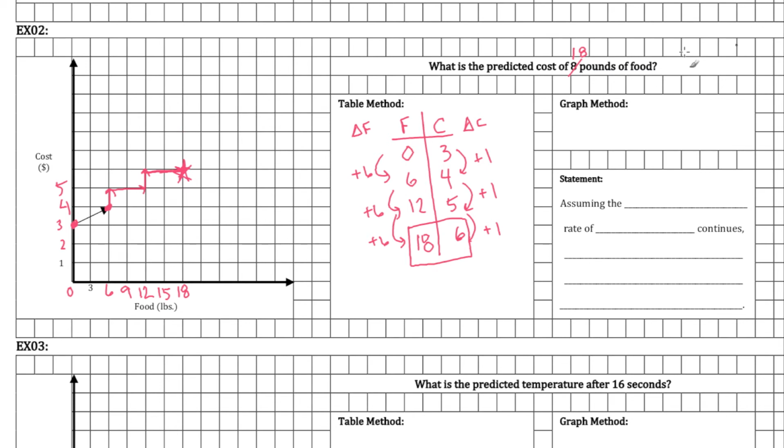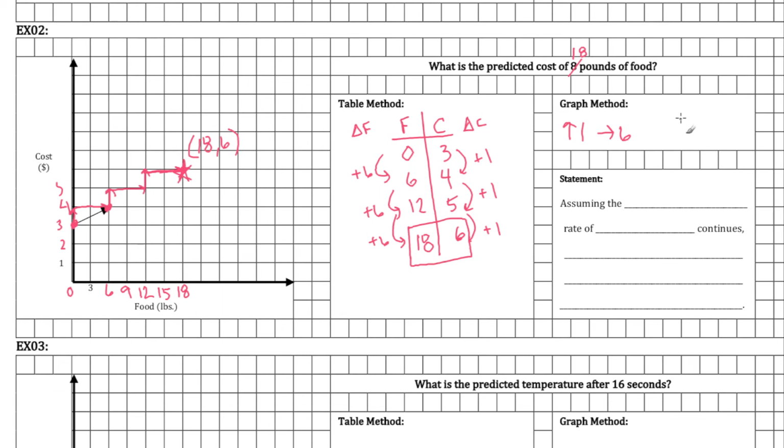Let's try that again. I don't know why it's not letting me draw this. Okay, there we go. So that is 18, 6. And we kept going up 1 and then right 2 spaces. But I don't want you to write right 2 spaces. I want you to write 6. Went up 1, right 6. Remember 6.